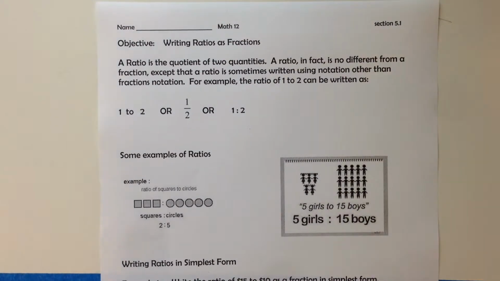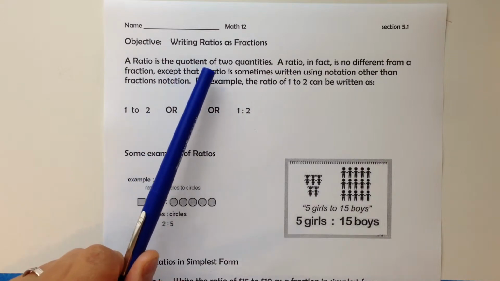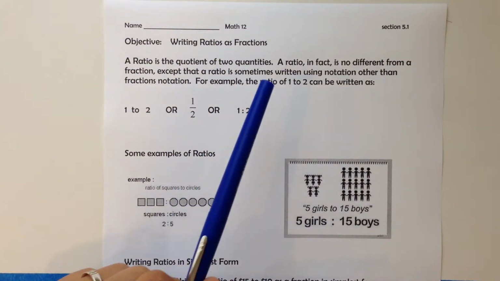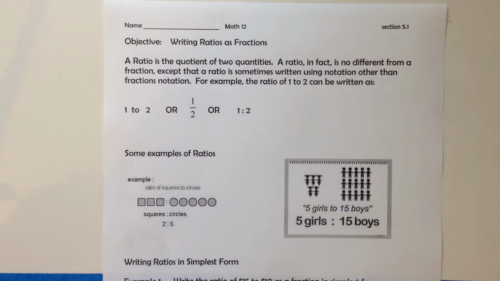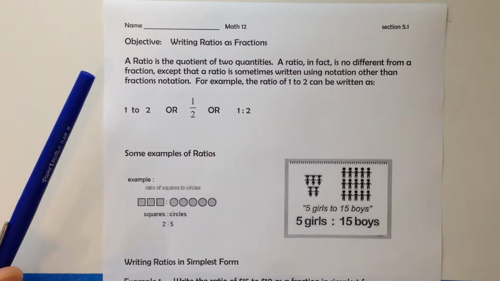In this lesson, we will be looking at what is a ratio and how to write a ratio as a fraction. A ratio is a quotient of two quantities. A ratio is actually just a fraction. The only difference between a ratio and a fraction is you can write a ratio in three different ways.